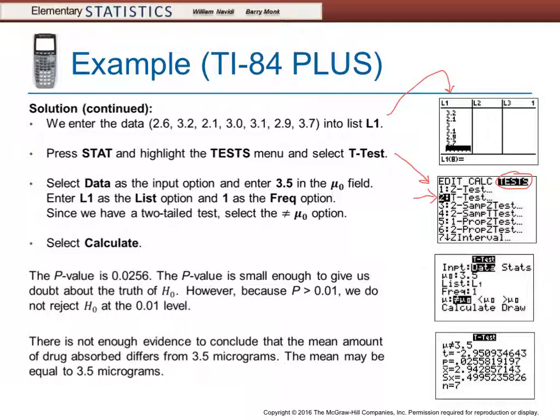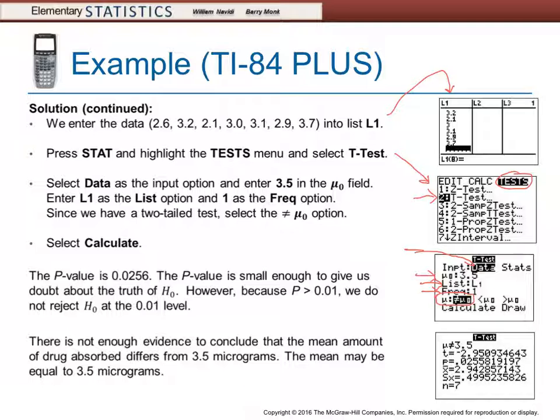Now, since we have data in our calculator, we're going to select the data option, and we enter in our null hypothesis of 3.5. Our list is in L1. Our frequency we leave alone, and our alternative hypothesis is not equal to.